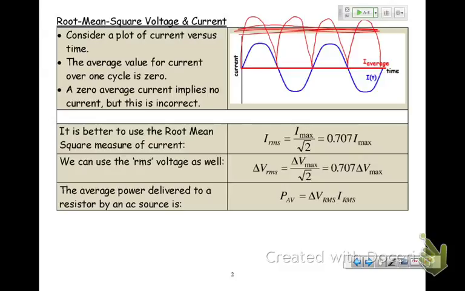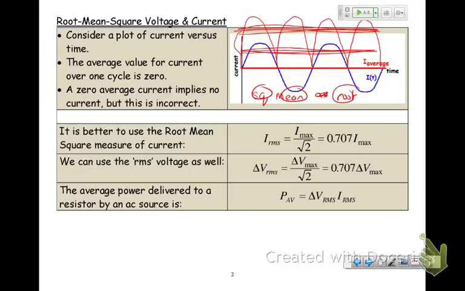My answer's too big because I squared everything. Oh, square root it. What did I do? I squared, I meaned, and I rooted. Yeah? So they call this the root mean square, RMS.